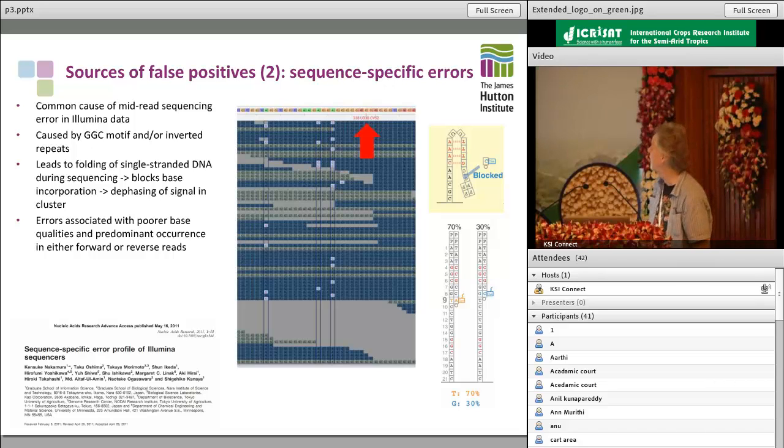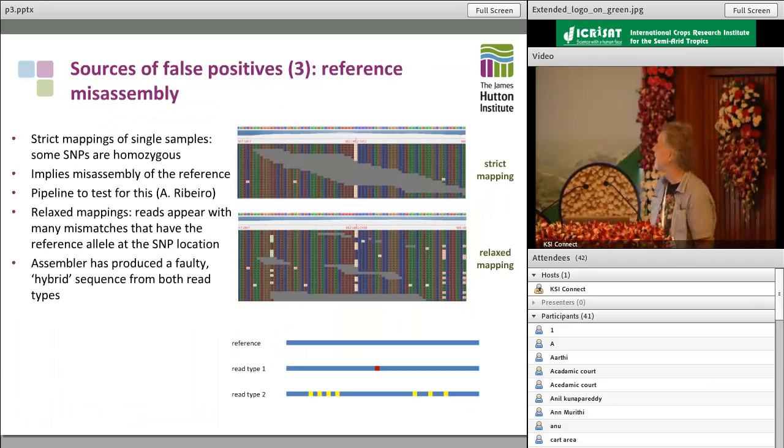So this is an example here where we've essentially got a region in the genome which has two different regions which are relatively similar. The assembly hasn't worked out cleanly, and you've essentially got two different regions that have collapsed together in the genome assembly. What happens is then you've got a faulty hybrid reference sequence which has been generated by optimizing the sequence from both read types.